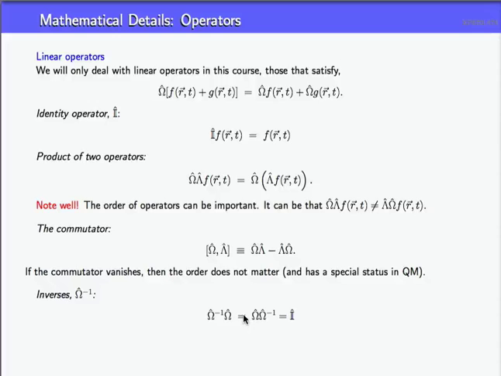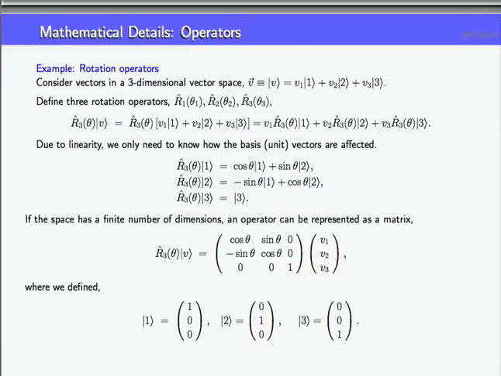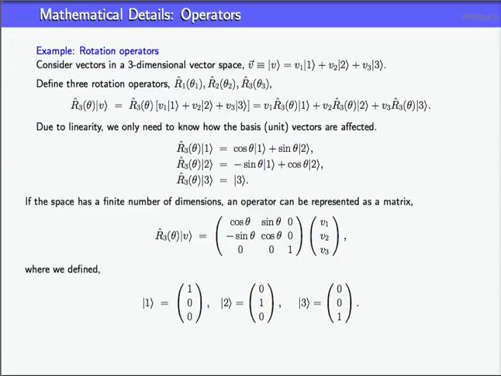Okay, let's take a look at a specific example from classical physics, and that's the rotation operator. This might be familiar to you if you've done a little bit of linear algebra. We want to consider three-dimensional vector space. So we have a vector v. We're going to represent it in this notation with the ket vector, or bra vector, excuse me, we call it a ket vector.